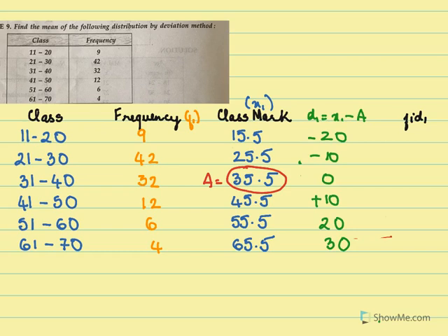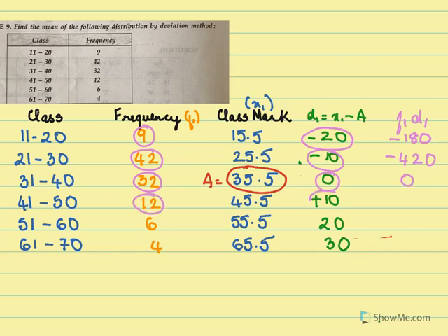Now we need to multiply fi di. So here in the last column we do fi di, that is fi 9 into di minus 20, so we get minus 180. fi 42, di minus 10, minus 420. fi 32, di 0, 0. fi 12 into di plus 10, 120. fi 6 into di 20, you get 120.